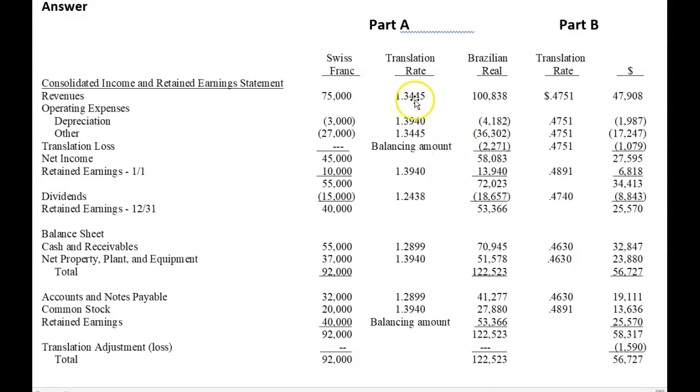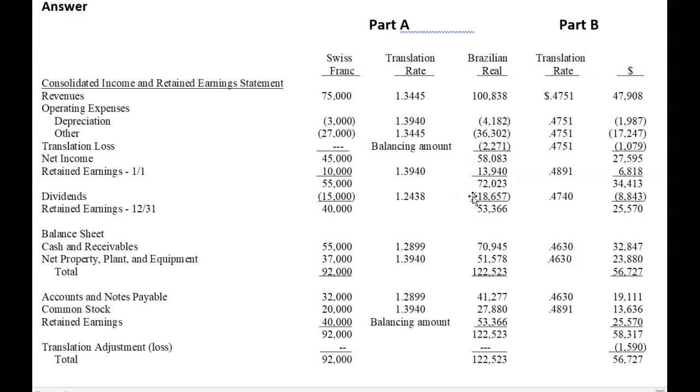Okay, so if we are using different rates here in the income statement, it should make sense that there's a balancing amount that we need to include here to make sure that we're coming up with the appropriate figure for the retained earnings, and the impact of the remeasurement goes to the income statement.